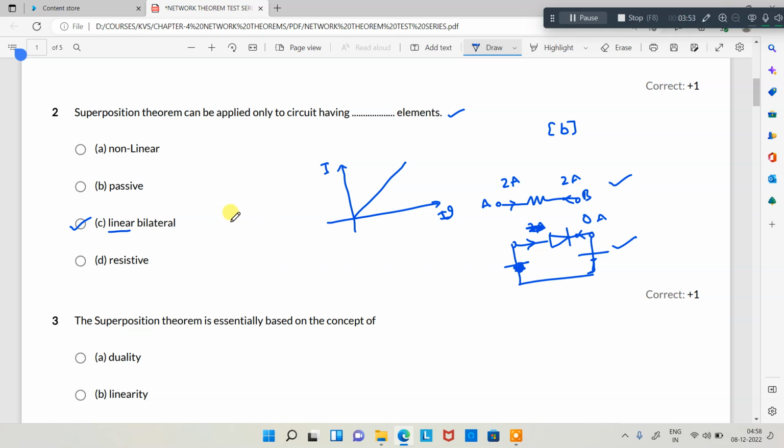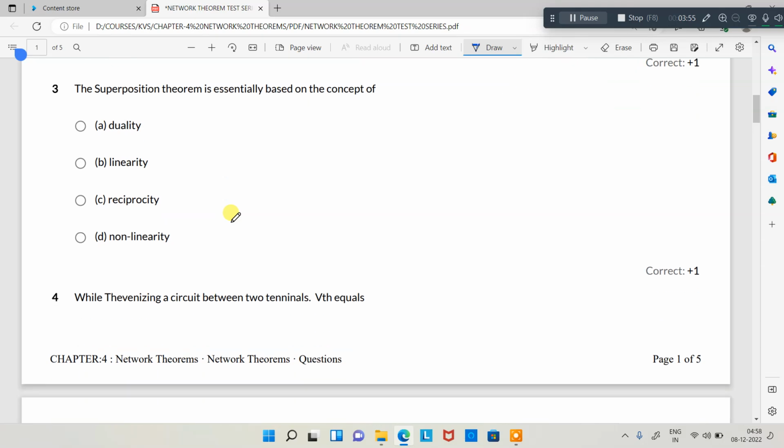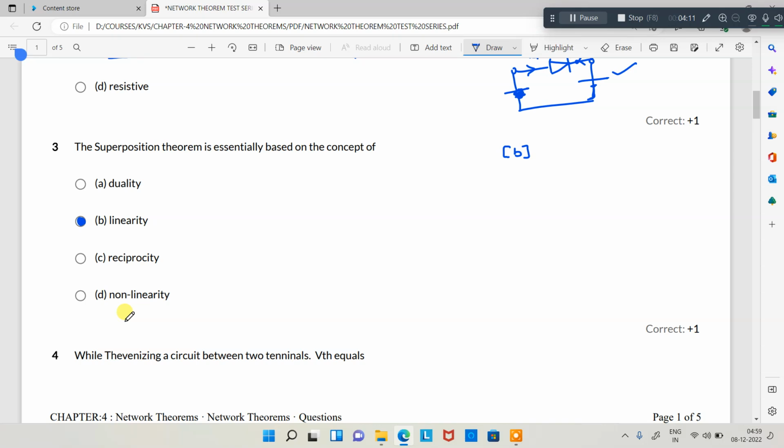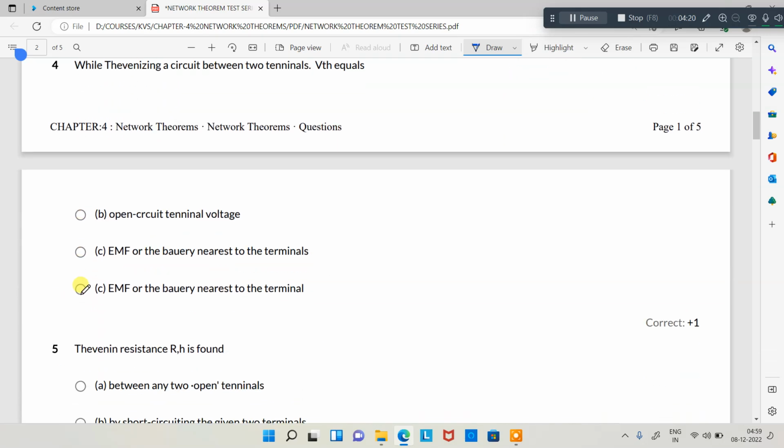Next, the superposition theorem is essentially based on the concept of linearity, that is option B. Already explained what is meant by linearity. Linearity means that the responses taken individually, the summation of all the responses, give the total response. That linearity concept is applicable here.